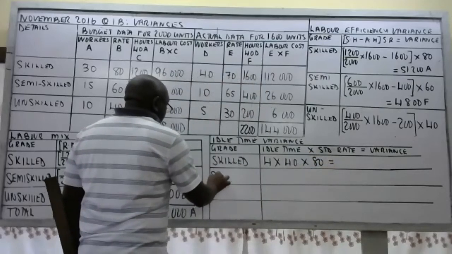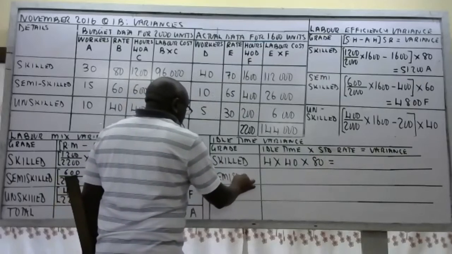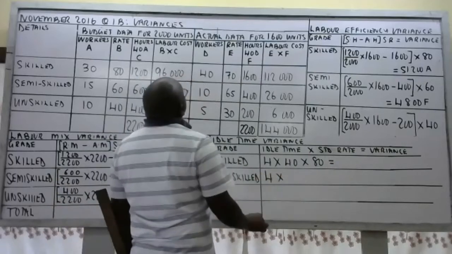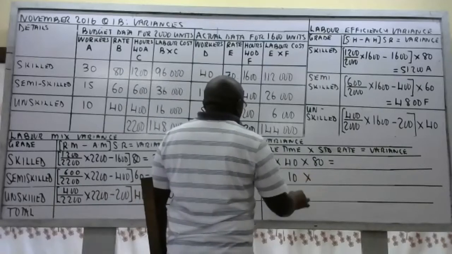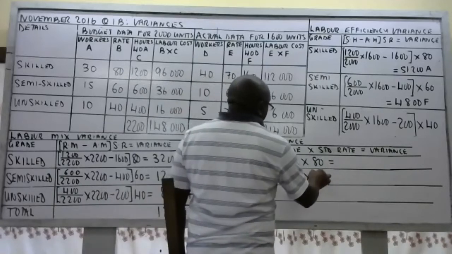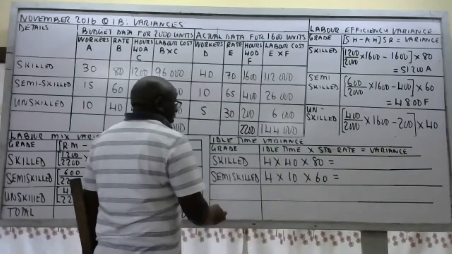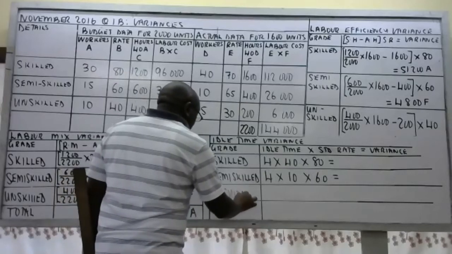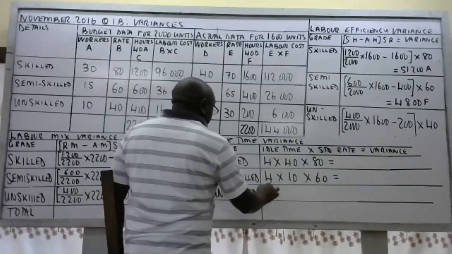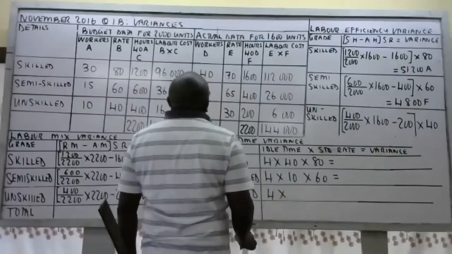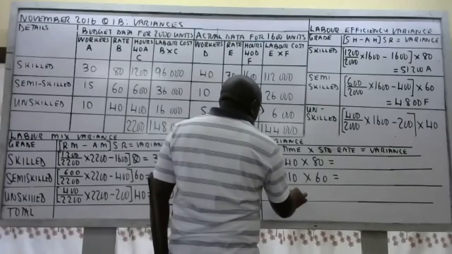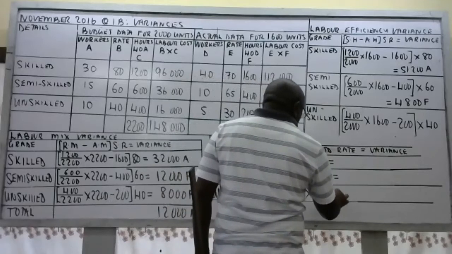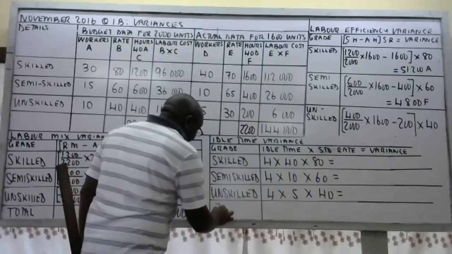When you come to semi-skilled, it is 4 times the number of workers, who are 10, times the standard rate of 60. And then unskilled, it is 4 times the workers, who were 5, times the standard rate of 40. Then we shall have the total here.